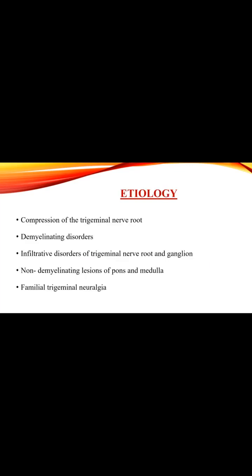Regarding the etiological factors, as we already said, the main cause of trigeminal neuralgia is the compression of the trigeminal nerve root. This compression can be due to any lesion, or due to any artery or vein compressing the trigeminal nerve root.